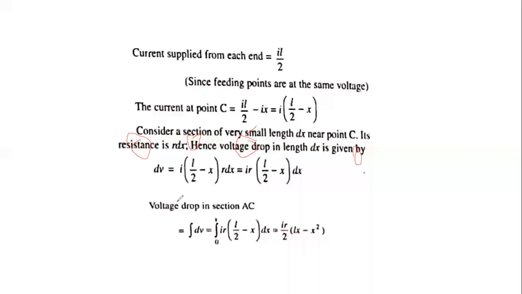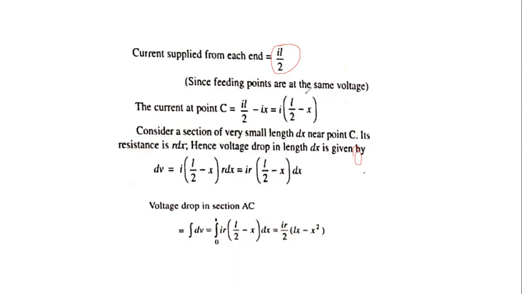Next, the current supplied from each end is IL by 2.